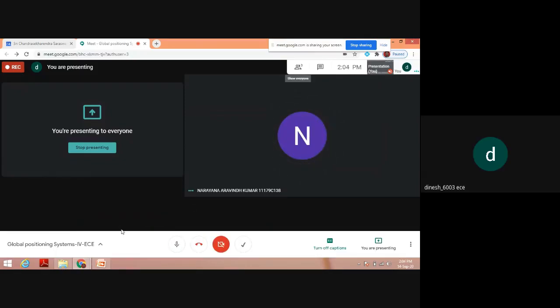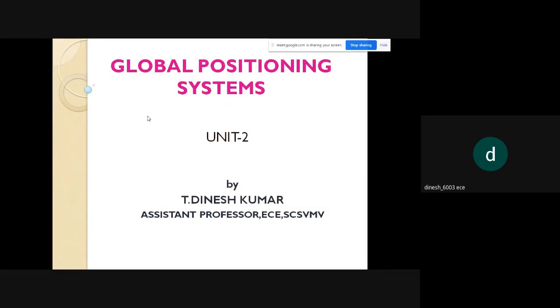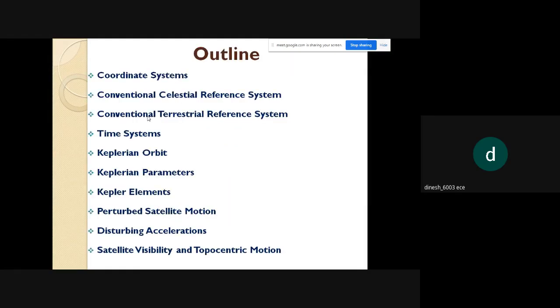Okay, we'll start today's session. In today's class, Global Positioning System, I'm going to discuss the issues that are dealt with in the coordinate systems, the reference systems of conventional celestial type and conventional terrestrial type, time systems, different timing zones, and the Keplerian format, which has three subsections: Keplerian orbit, Keplerian parameters, and Keplerian elements, followed by perturbed satellite motion with disturbing accelerations, and satellite visibility and topocentric motion.